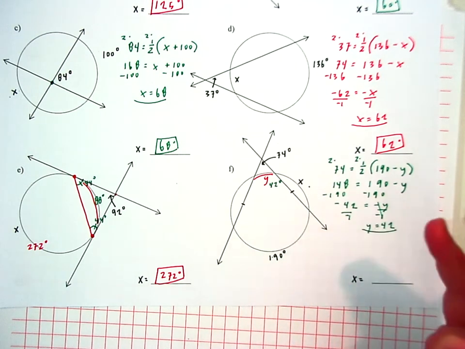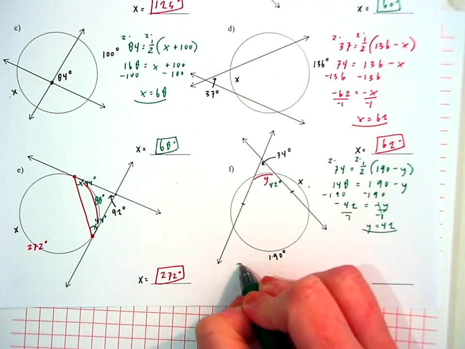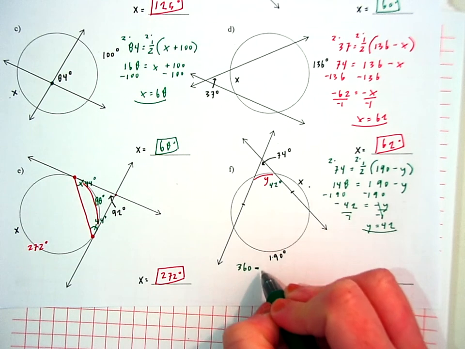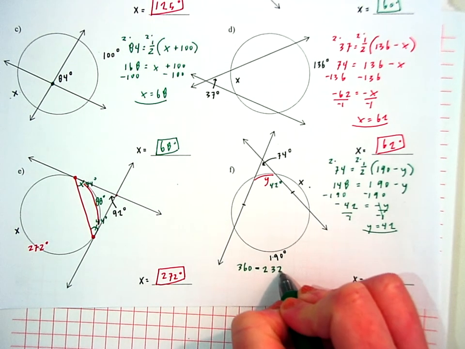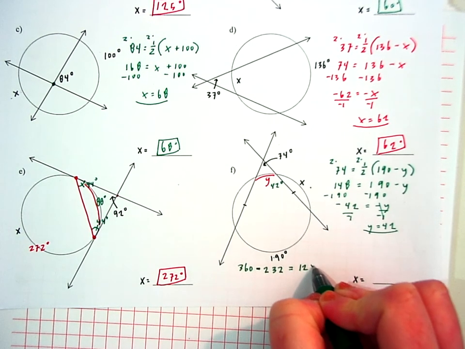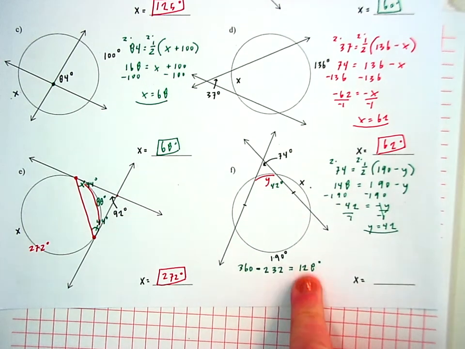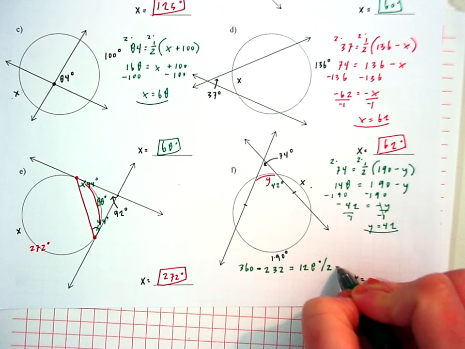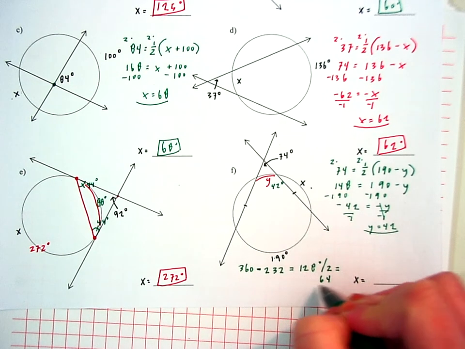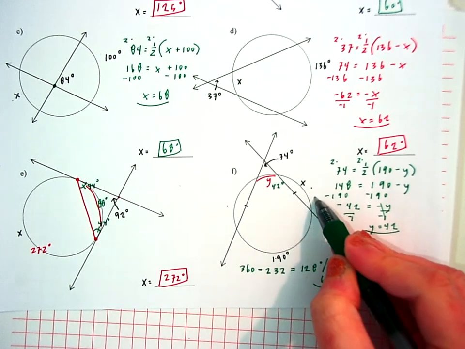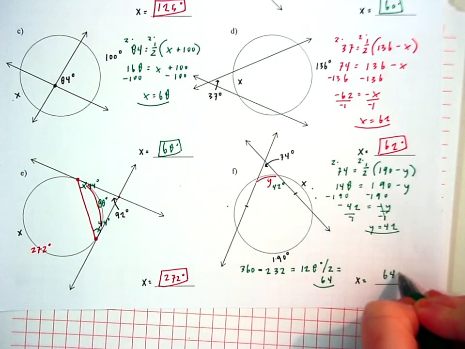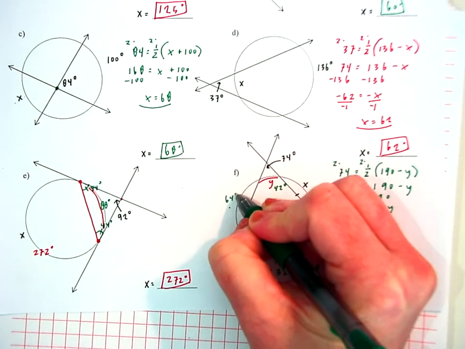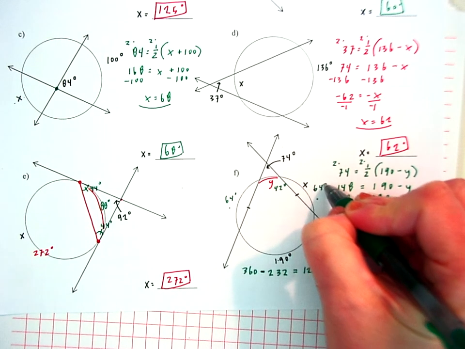So what I would need to do then is take my 360, subtract that 232, and that leaves me with 128 degrees left, right? I got 128 degrees here and here. So I need to split it 2 ways, which is going to get me 64 degrees for each of these 2 smaller parts. So x ends up being 64 degrees. Right here would be 64 degrees, and so would this part right here.